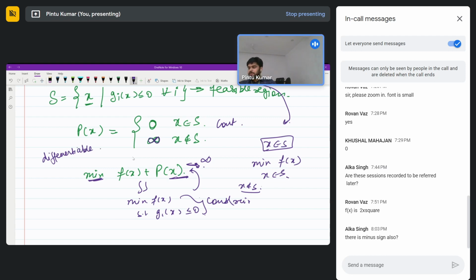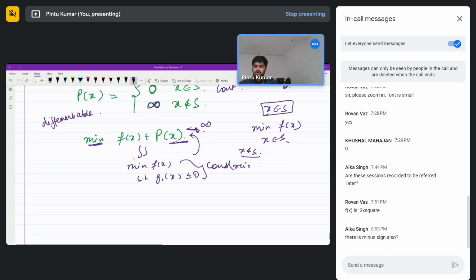So we propose an alternate penalty function, which is sort of good for us, which is the summation for i equal to 1 to m, so over all the constraints that you have, of the maximum of gi of x comma 0, and the square of this function. Okay.